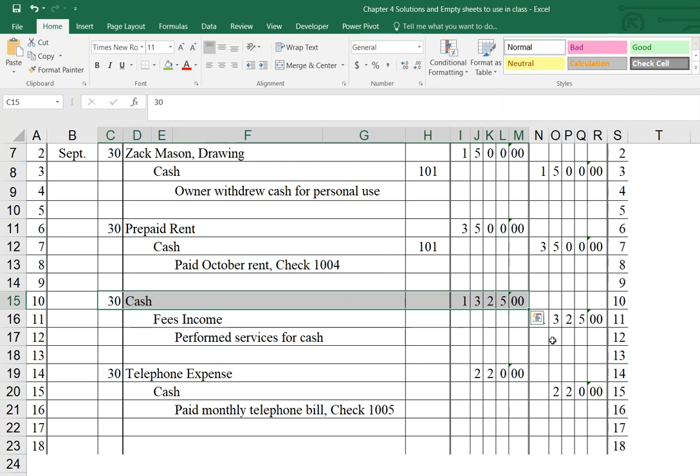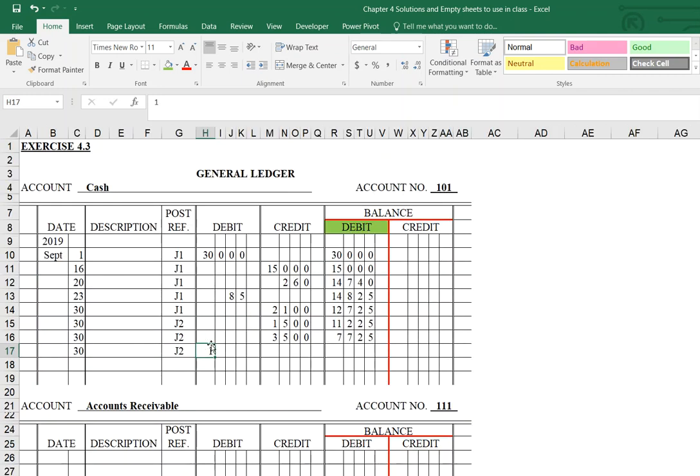Let me look again. $7,325. Didn't think that looked right. 7,325.